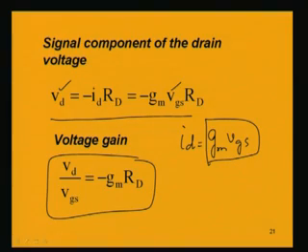So, the transconductance multiplied by the resistance in the drain with a minus sign. So, the voltage gain has a minus sign, which means immediately we know that the output voltage and input voltage are 180 degrees out of phase. So, the phase difference of the output voltage from the input voltage is 180 degrees. That is why this minus sign is coming into the term.